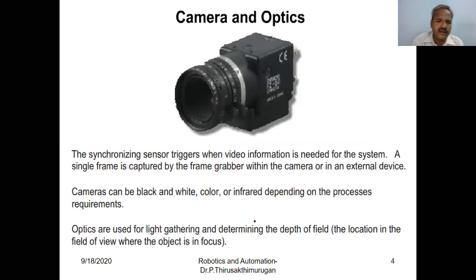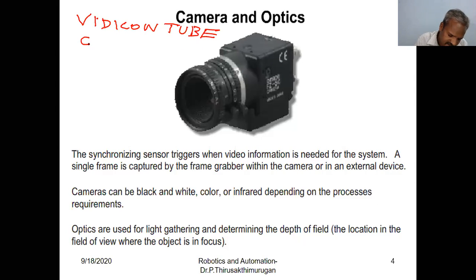This is our camera and optics. We have already seen the types of camera. In the olden days, the Vidicon tube. After the evolution of solid state devices, CCD (charge coupled devices) and charge injection devices. These are two different types of solid state cameras.